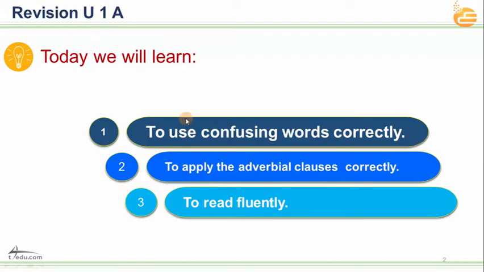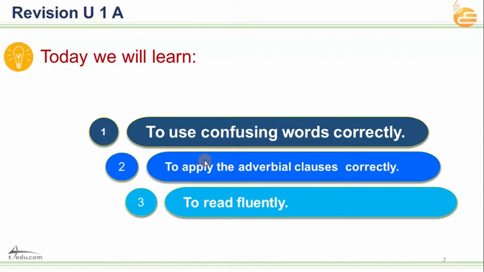So for number one, we're going to use some confusing words correctly because we know that some words are a little bit closer in their meanings than others, like work, job, profession, career. So we don't want to mix their meanings or get some kind of confusion with their meanings. Two, we're going to talk about adverbial clauses and remember them.